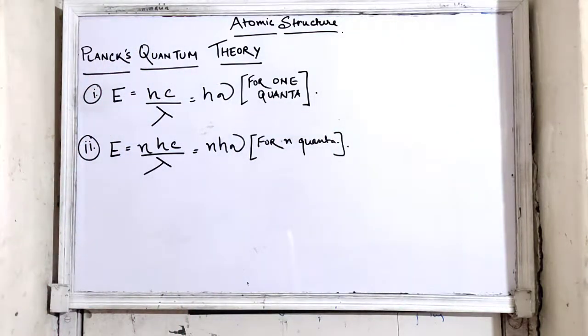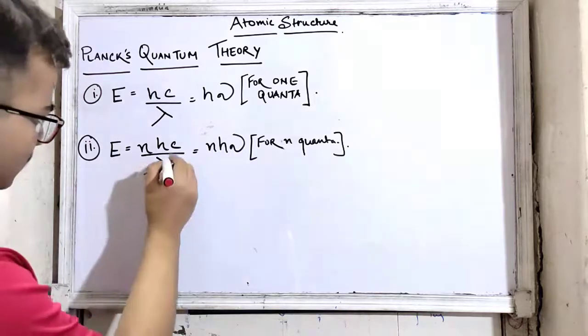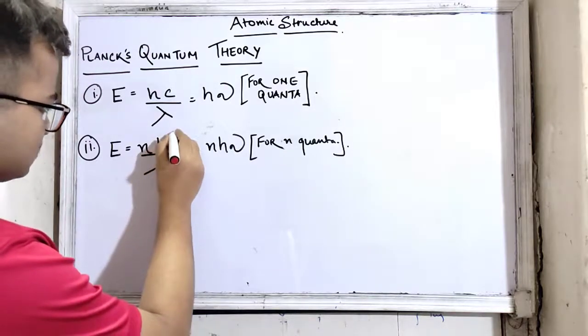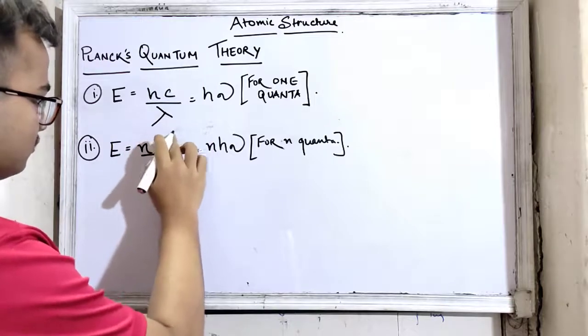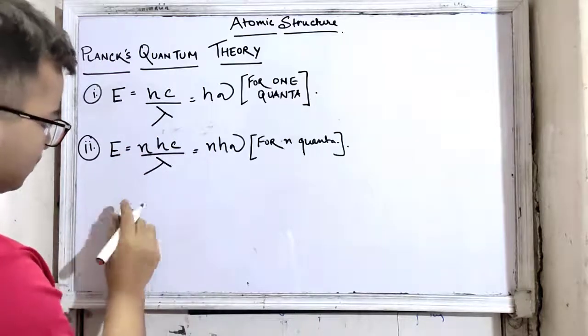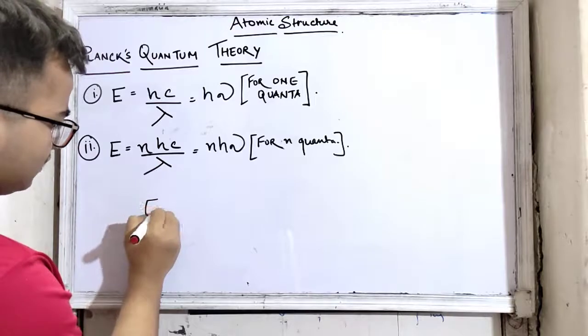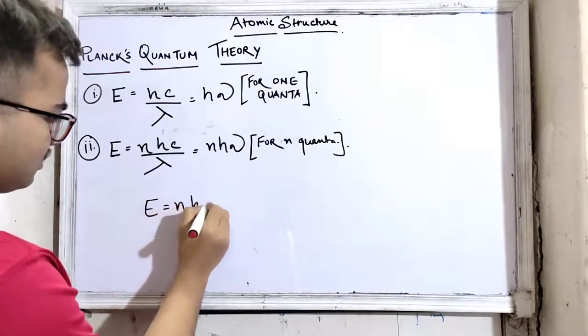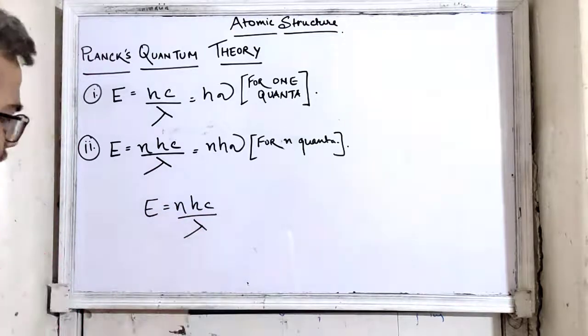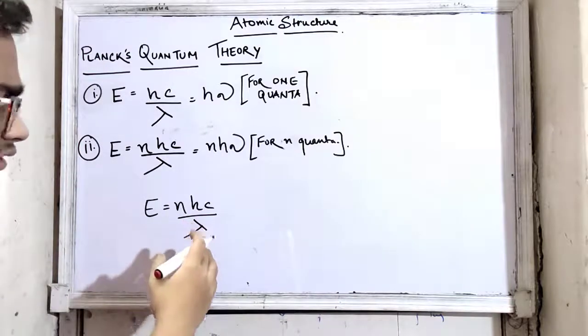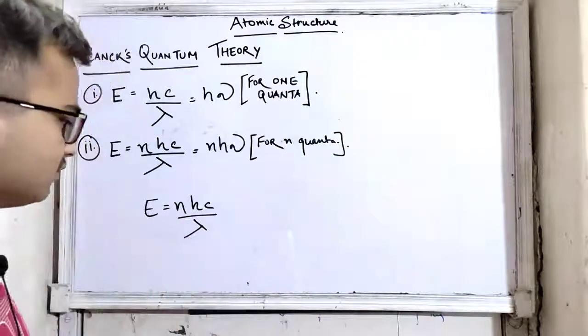Now see here, if we copy the same thing over here, it is coming E equal to n hc by lambda. h is the Planck's constant and c is the speed of light.